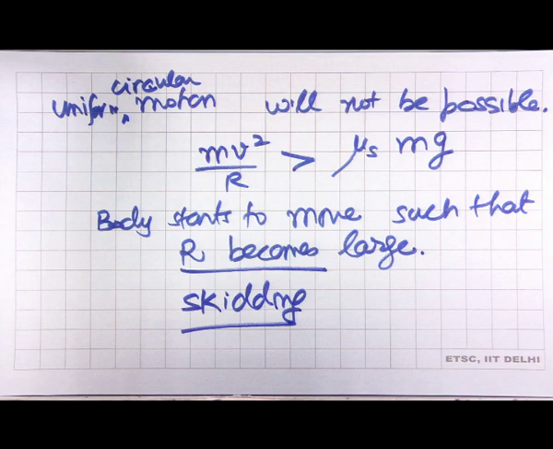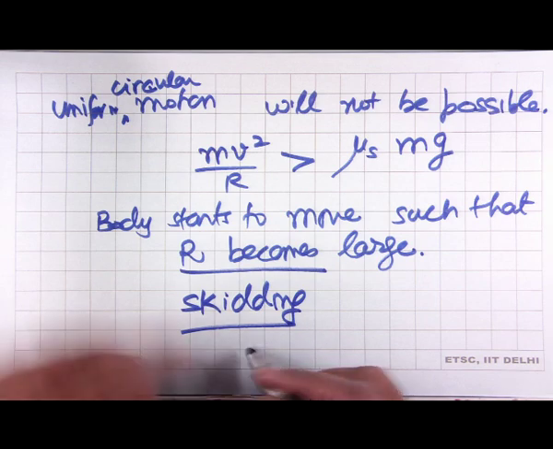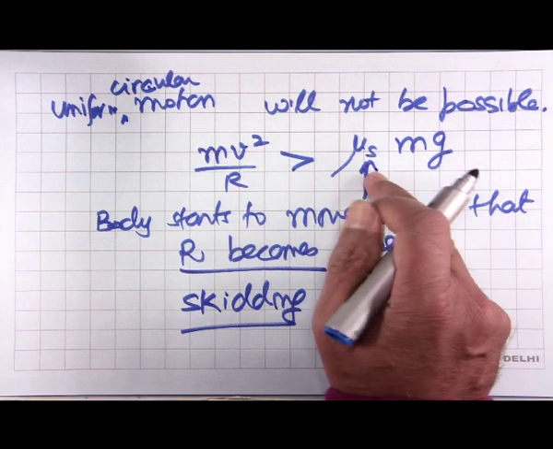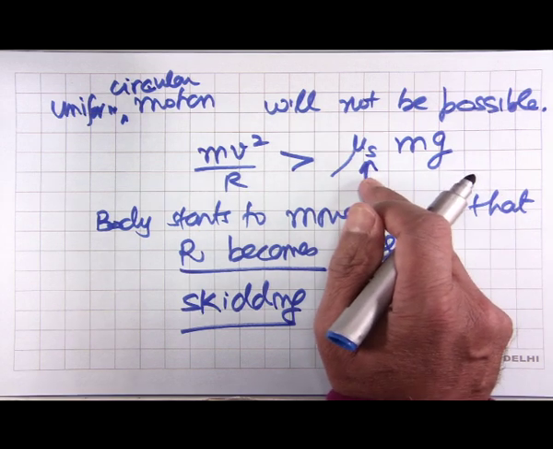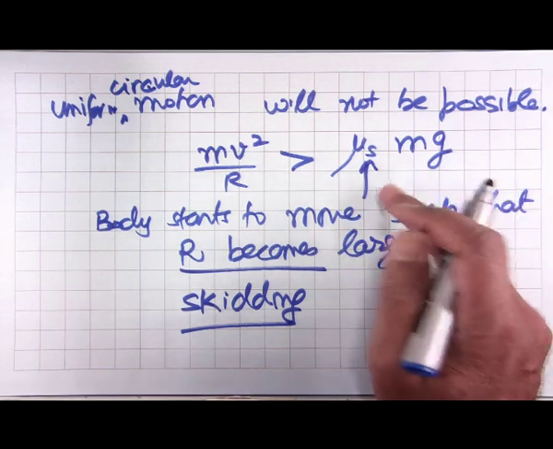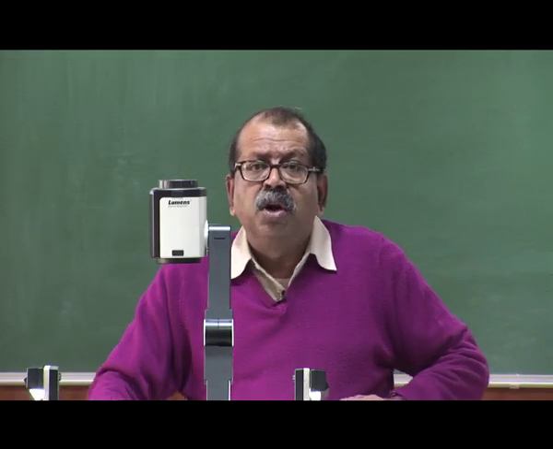So, to prevent skidding, what can be done? Normally, skidding is possible on a surface where mu is low. That is why when we have icy surfaces, there is a possibility of vehicles skidding when they go along a curve.